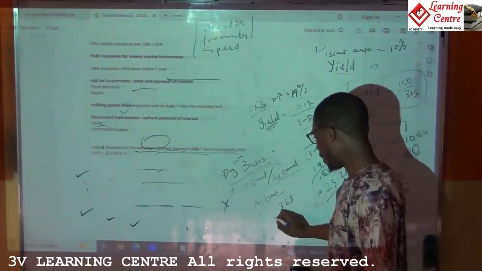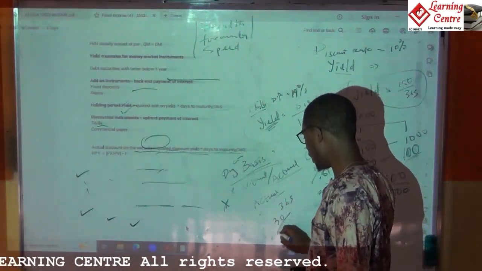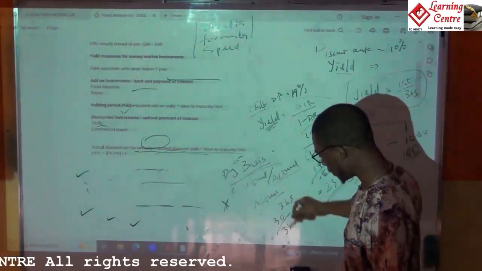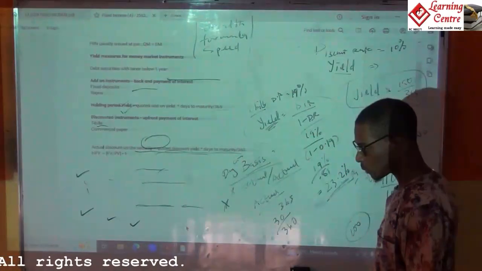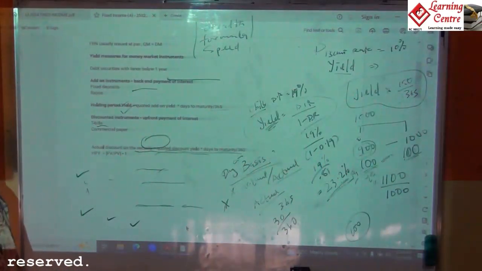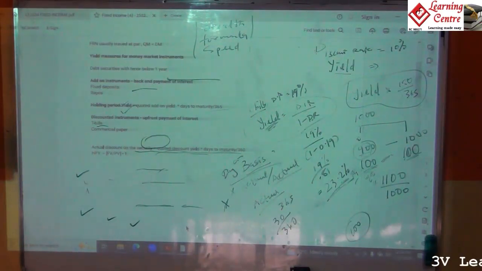We have 30 over 360. We have actual over 360. These are all day count bases. So if you set it up in the contract before you invest, you know how your interest is calculated.